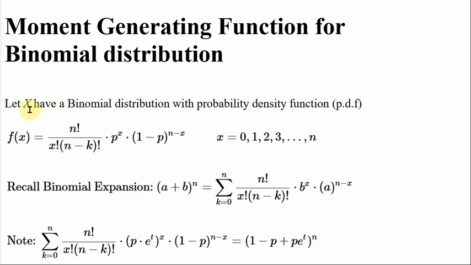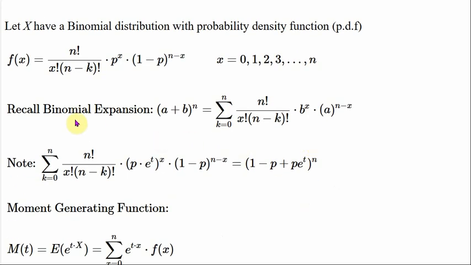So once again, we say that x has a binomial distribution if it has the following probability density function, f of x equal to n factorial dividing by x factorial times n minus x factorial, times p, which is the probability of success, to the x, times 1 minus p to the n minus x. And x takes on the values of 0, 1, 2, 3, up to n.